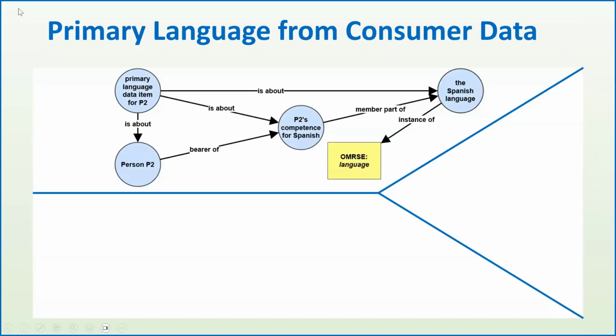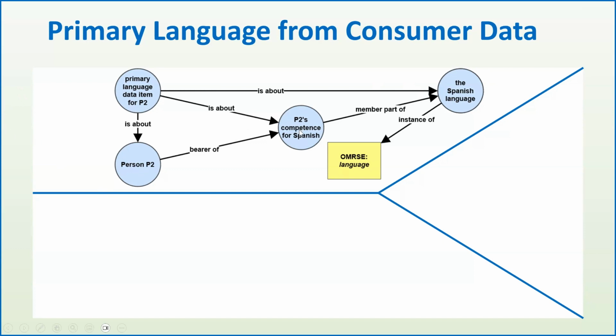And so, as I mentioned a couple of slides back, primary language is something we have data about in the consumer data. And just to clarify, by primary language here, we mean the language a person is most comfortable using or most skilled at using. And the way we've modeled the relation of the person to the competence and to the language is based on the OMERS approach to representing languages and linguistic competences.